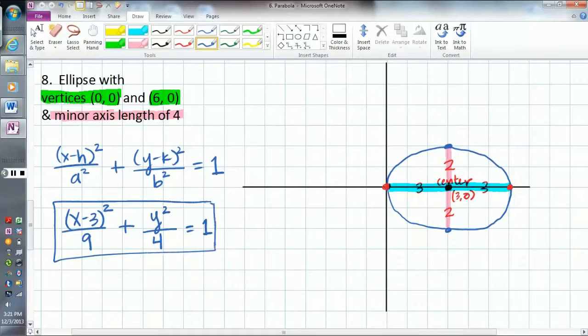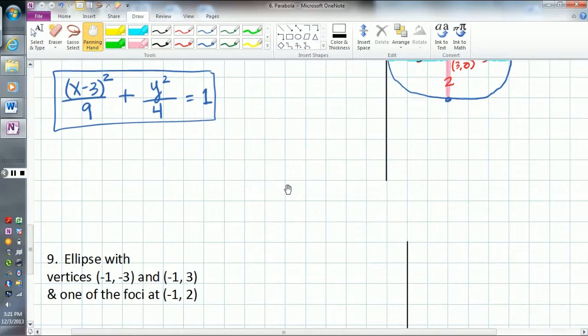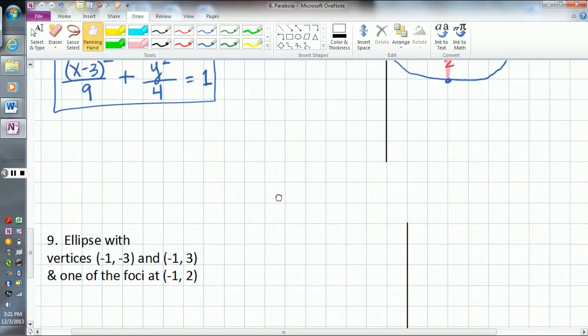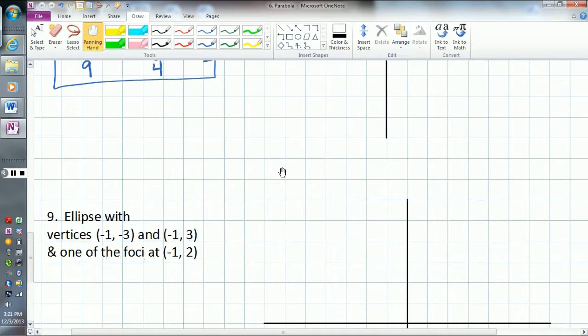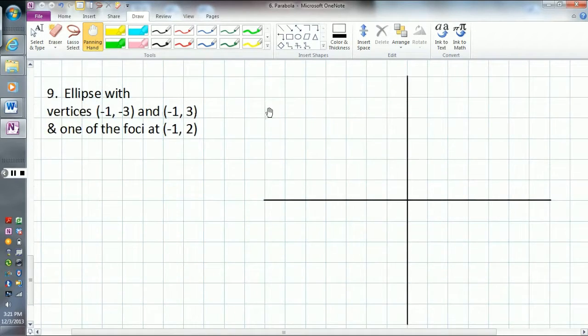All right, let's do another one. This time we're going to do an ellipse with vertices at (-1, -3) and (-1, 3). So here are my vertices, with a focus at (-1, 2).